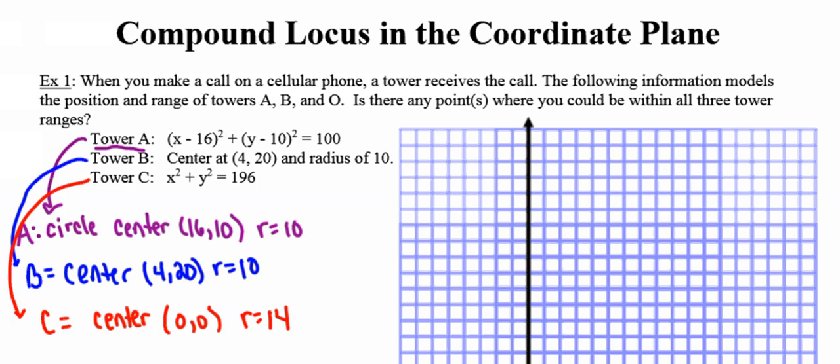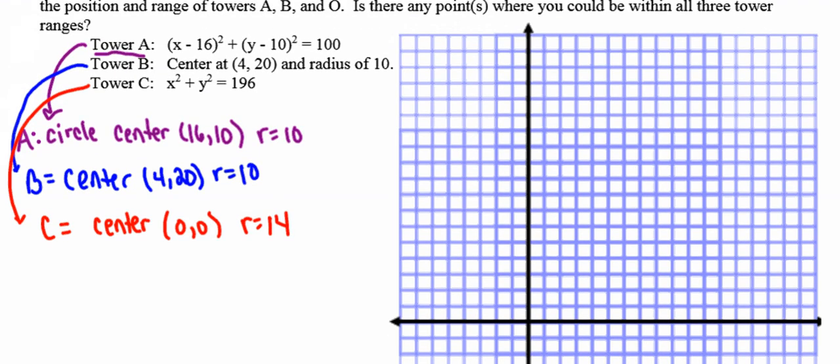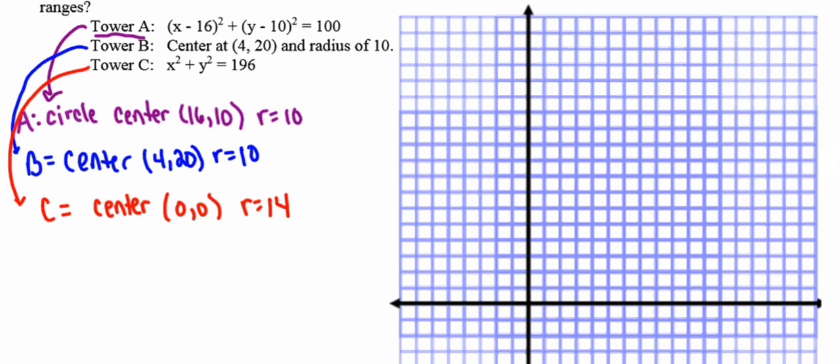So now that we know a little bit more about these circles, we're going to go ahead and put them on the coordinate axes so we can take a look at exactly what's going on in this problem. Because these are rather large coordinates, I'm going to let each grid on my graph represent 2 units. So I'm going to go ahead and label my x-axis and my y-axis to indicate a scale.